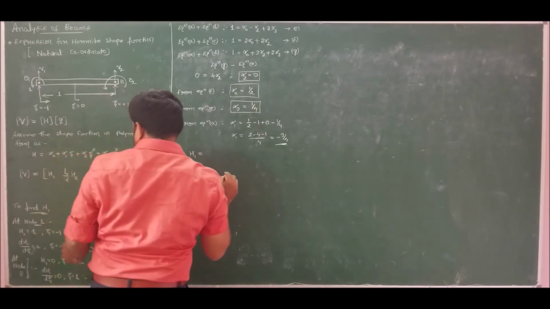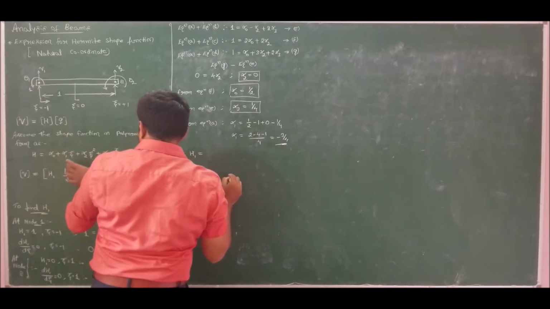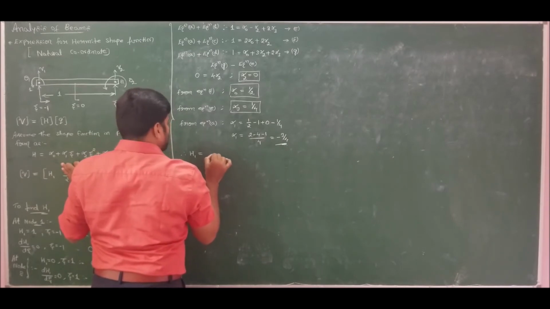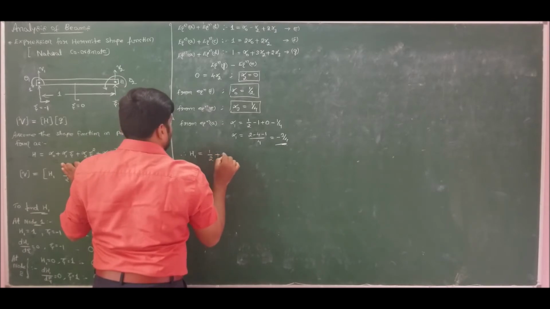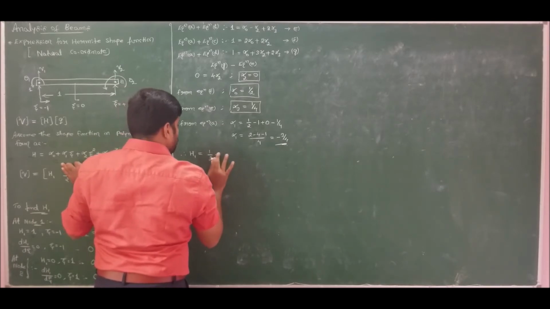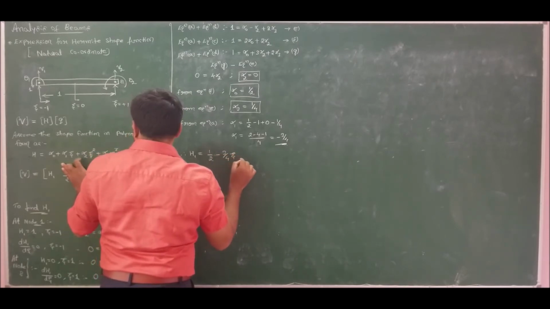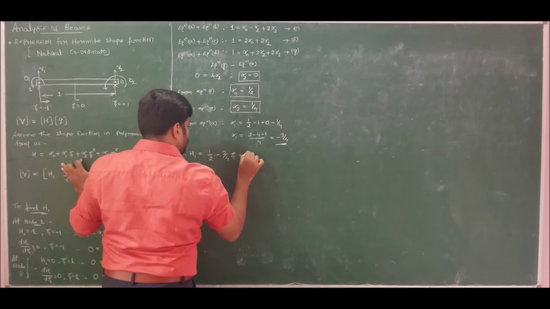So therefore the Hermite shape function h1 will be, substituting into equation 1, we get the value of h1 as alpha naught is 1 by 2 plus alpha 1 is minus 3 by 4 zeta plus alpha 2 is 0 plus alpha 3 is plus 1 by 4 zeta cube.